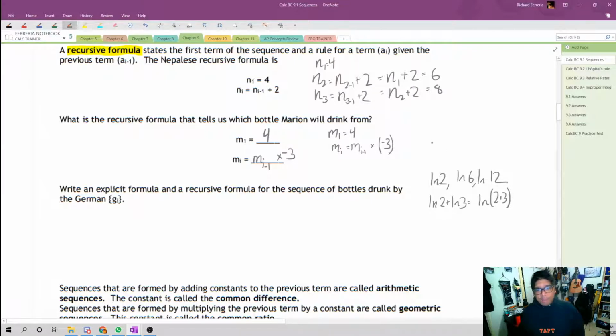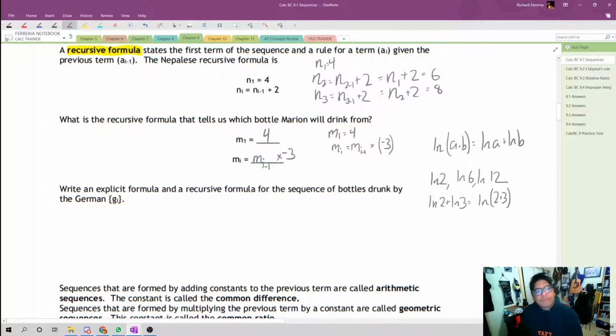Remember that property of natural logs where the natural log of a times b is equal to the natural log of a plus the natural log of b. So we kind of solved it here.